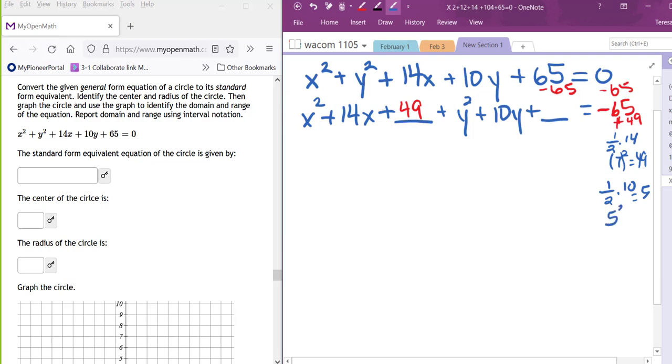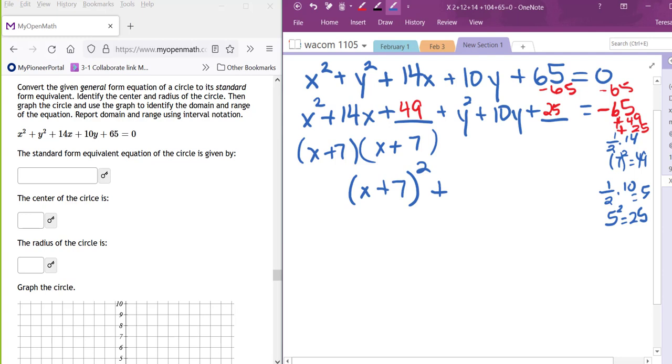Square it, which is 25. And that's what we'll add to the y's. So we have to also add that here. Right, now we have two perfect square trinomials here. We'll factor. So this is going to be x plus 7. And we can write it as one piece. This one will be y plus 5. And you want to make sure you're getting your signs right, like signs both plus.